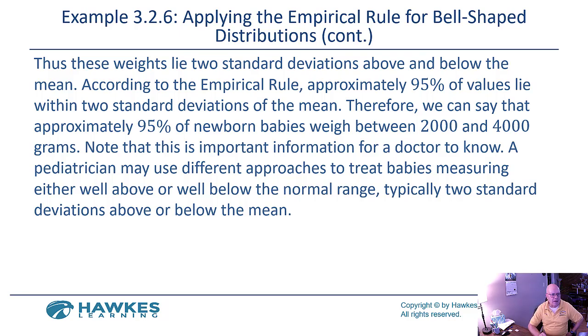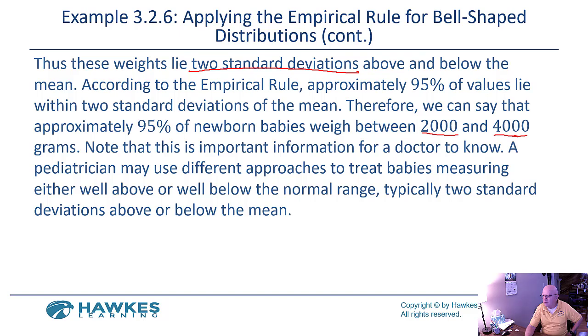So, these weights lie 2 standard deviations above and below the mean. According to the empirical rule, 2 standard deviations means 95% between those two. So we can say that 95% of the newborn babies weigh between 2,000, that's 2 standard deviations away from 3,000, and 4,000, 2 standard deviations above the mean.